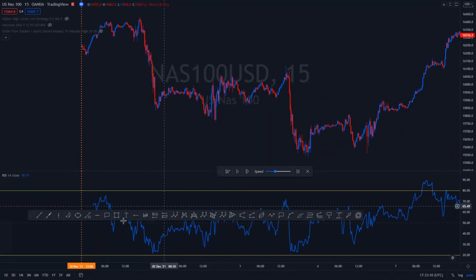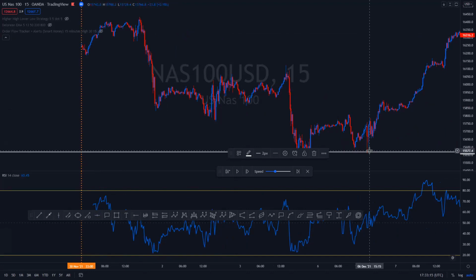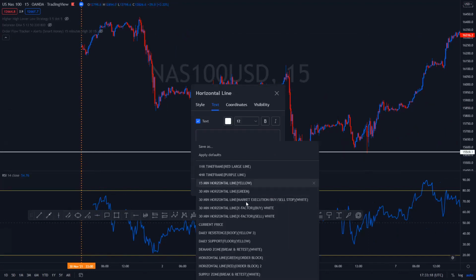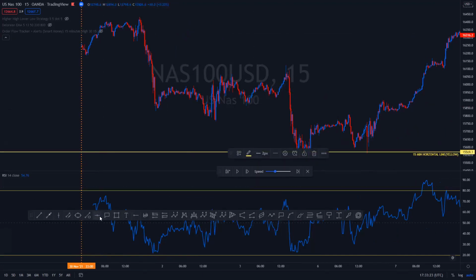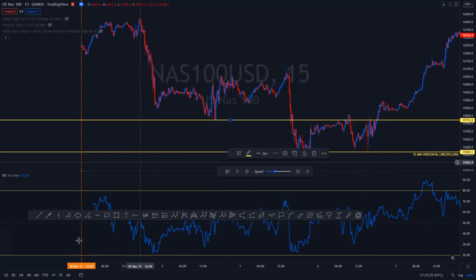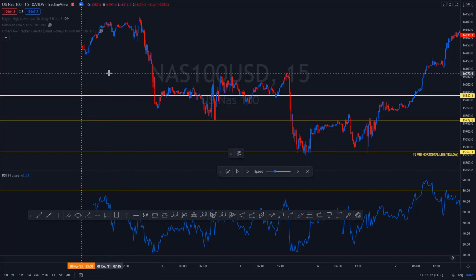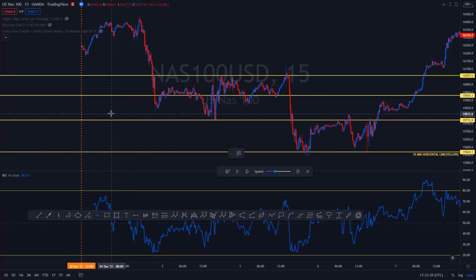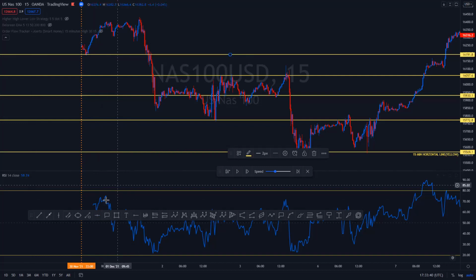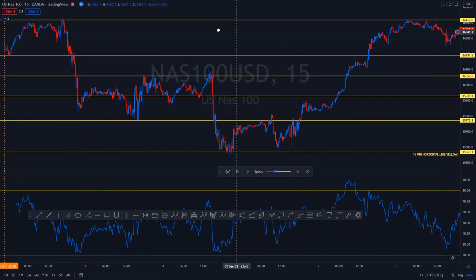So basically I marked up my horizontal lines and zones based off of imbalances, institutional imbalances in the market. That's what I basically did. So I'm going to mark these up very quickly. All right.